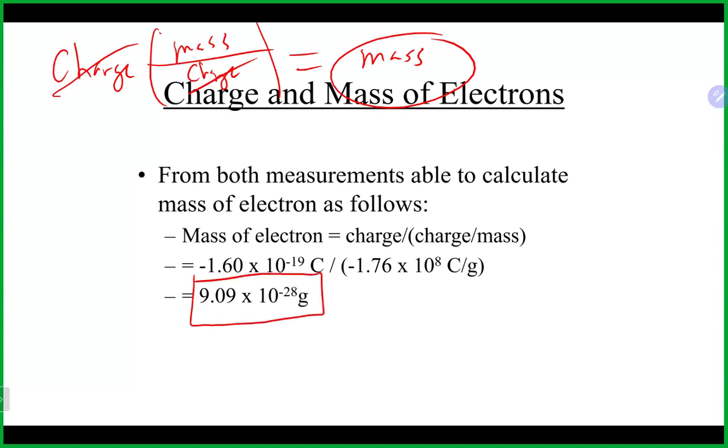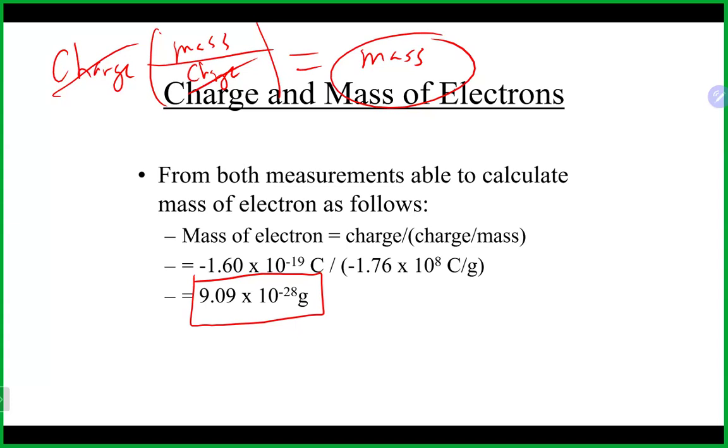And the mass of an electron is 9.09 times 10 to the minus 28 grams. Probably a number you perhaps should know because it does pop up a lot. Is that a large number or a small number? It is a small number, right? It's like 27 places to the left there and adds zeros. Those are really small masses.